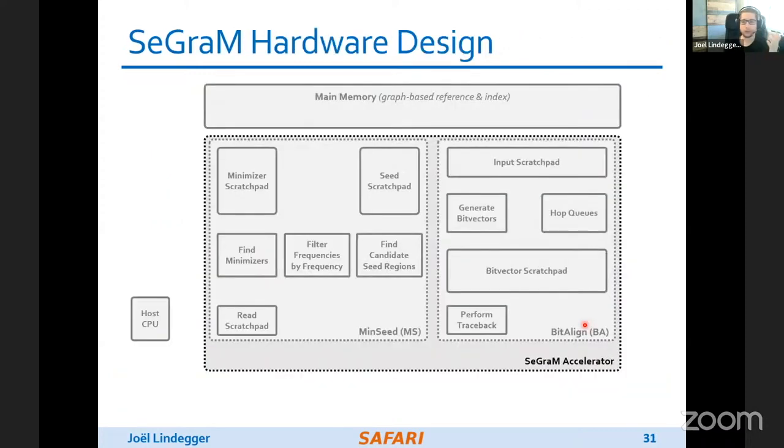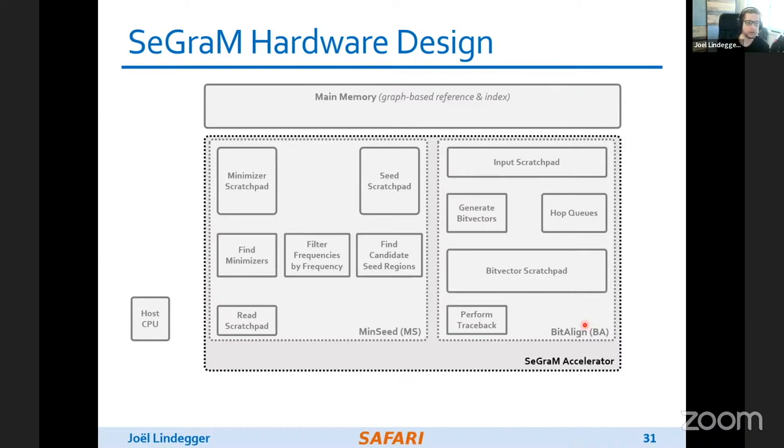Okay, so what's this accelerator that we came up with? You can see a nice block diagram here, and you don't have to understand each small step right now. I would direct you to the paper for that. But maybe I can give you an insight into how you would come up with this accelerator if you had to do it.